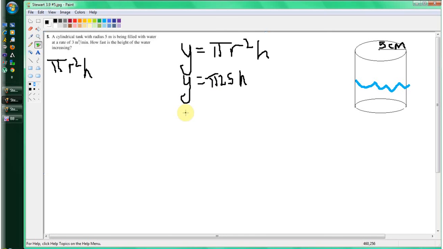So the derivative of V would be dV over dt equals 25 pi, and h would turn into dh over dt, which is the derivative of h.